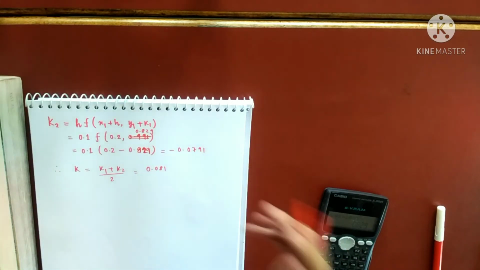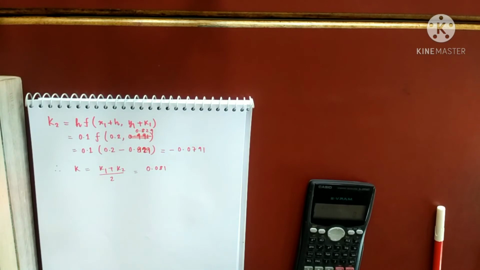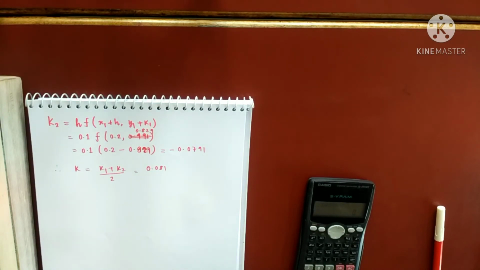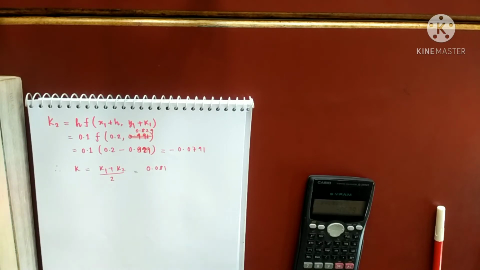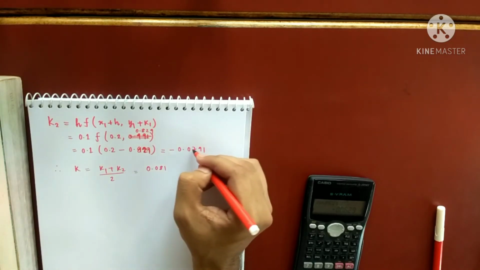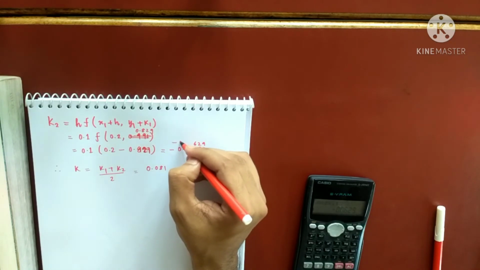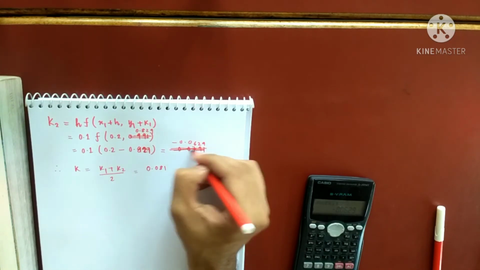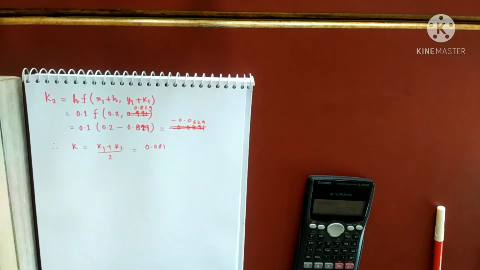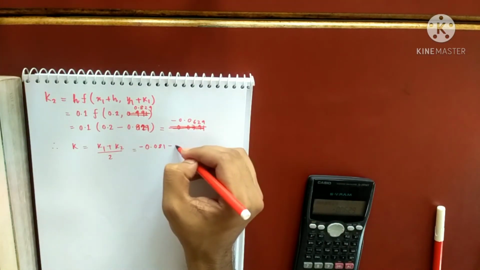Okay, so this value will change. So 0.2 minus 0.829 into 0.1. 0 minus 0.0629. So K1 is this in negative, K2 again in negative.